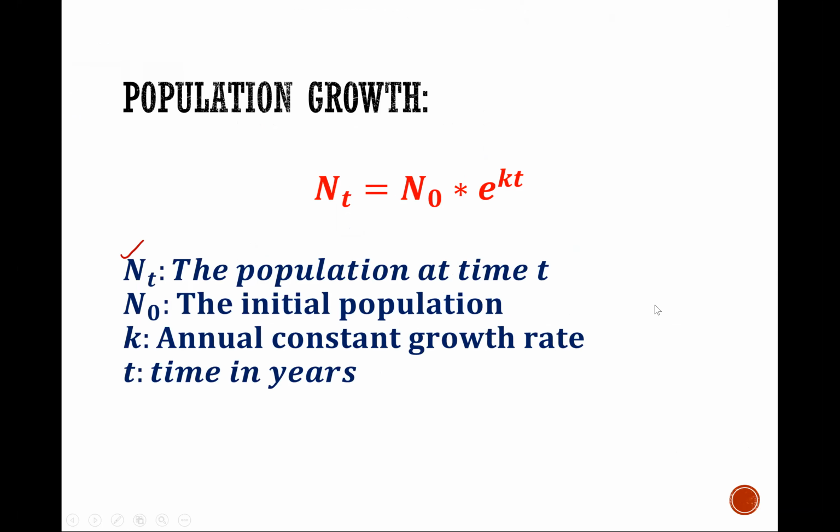Yeah, okay, great. N0 is what we call the initial population, usually the population at time t equal to 0. K is the annual growth rate, and t is the time in years.